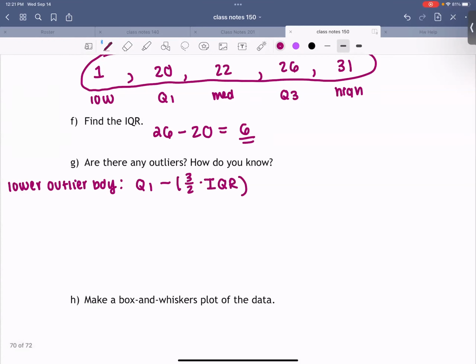So let's just do that. I'm going to take 20, which is my Q1, subtract off 3/2 times 6. I always like to do the multiplication first. 20 minus 9 gives me 11. Once I found my lower outlier boundary, I can find my upper one, right?